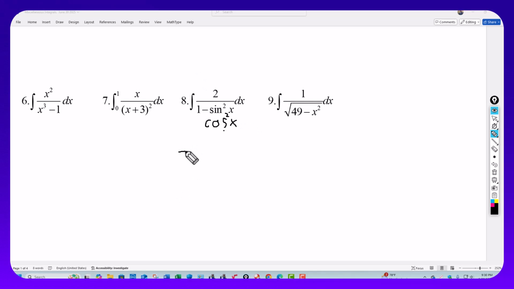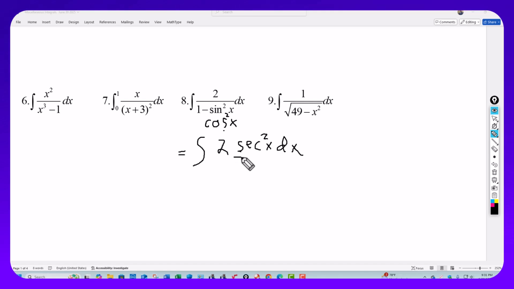So from that, I can rewrite this, have a 2 here, got the cosine squared here, because cosine and secant are reciprocals, I take that to the numerator, that becomes 2 secant squared of x dx.